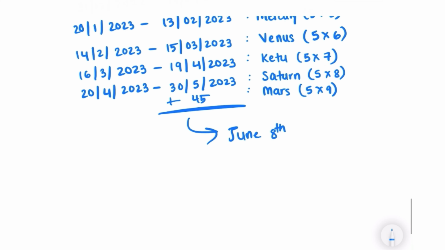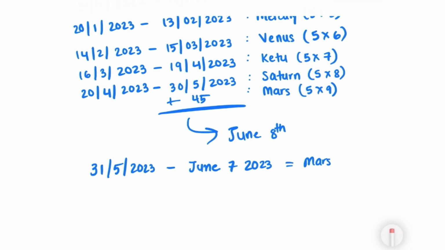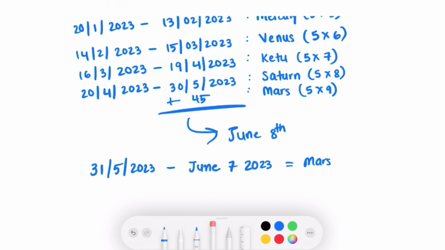So we will just say that from 31st of May till this person's birthday, which is June 7th, 2023, this person will be in Mahadasha. But after that, we did not use up all the 45 days. So you just ignore those numbers at that point.